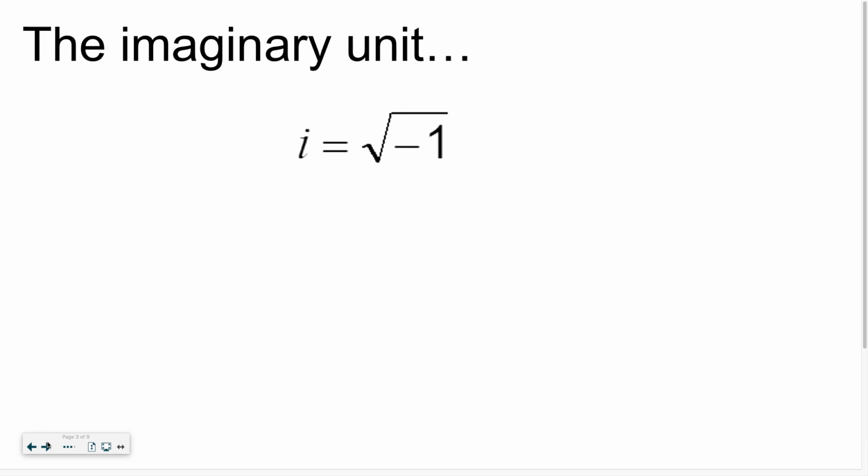Okay. So, if i is the square root of negative 1, what's i squared? It's the square root of negative 1 squared, so it's negative 1. Okay. So would 2i?